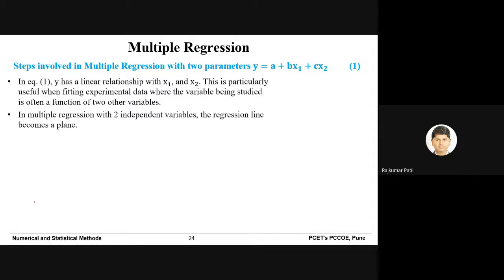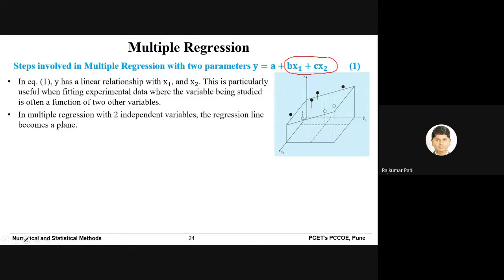Now the very interesting thing is how that is represented graphically, because in case of only two parameters x and y, we were taking one y-axis and one x-axis and we were just plotting the points and drawing a straight line for regression analysis. But here there are two parameters x1 and x2.